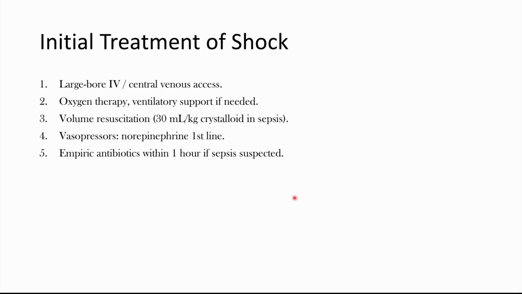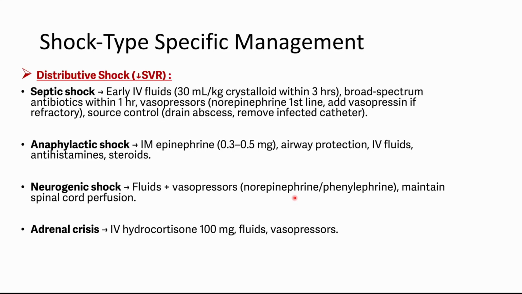If hypotension persists, norepinephrine is the vasopressor of choice. When infection is suspected, broad spectrum antibiotics must be administered within the first hour. We'll be seeing the empiric antibiotics in the next episode. Every delay increases the mortality.